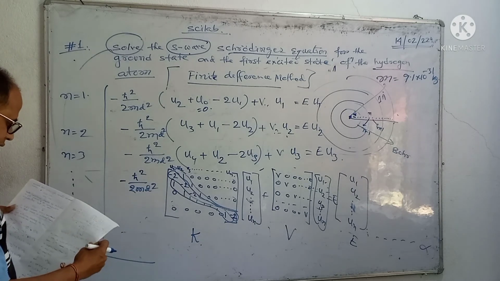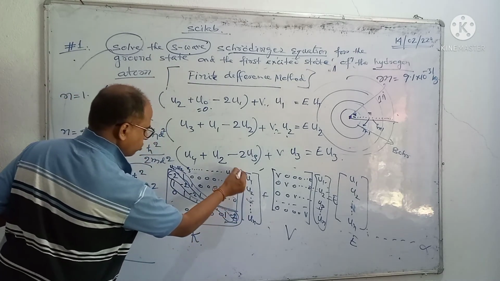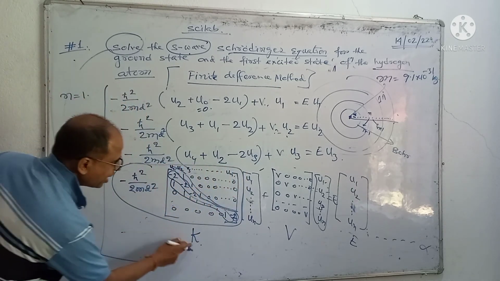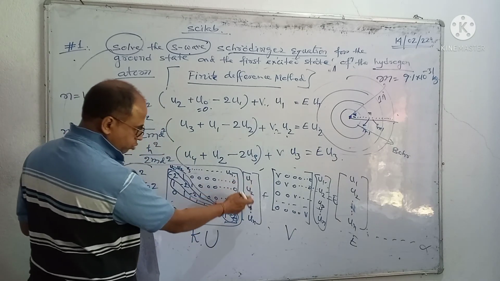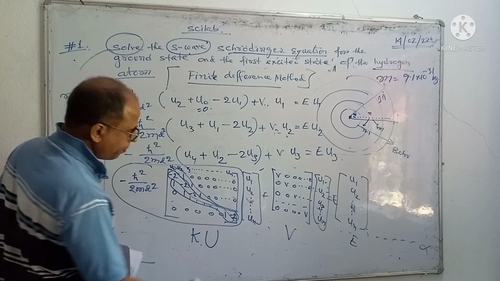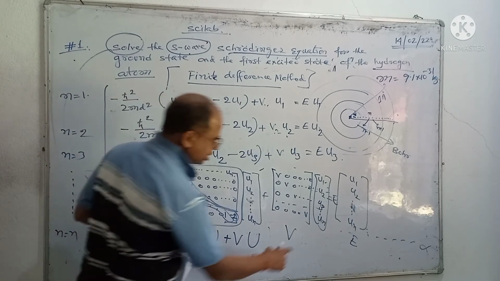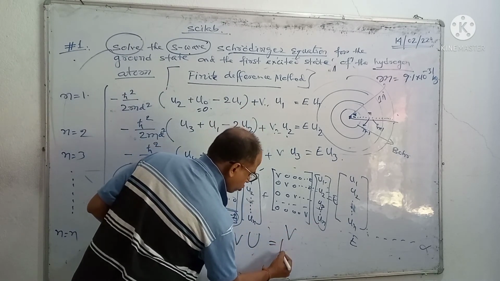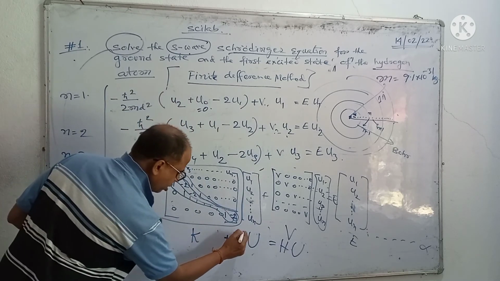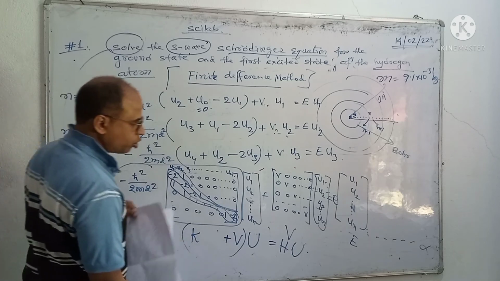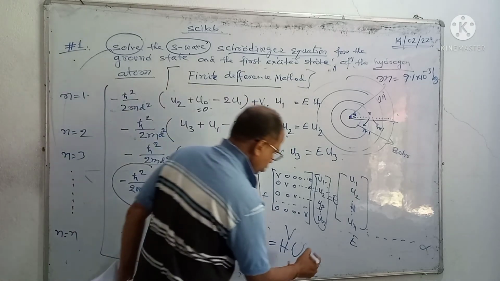Therefore, this is your K. You can write K into U, capital U. Capital U means it is a column vector, U1, U2, U3, Un, right? Plus this is the potential energy V into capital U is equal to, this is called Hamiltonian, because K plus V is called the Hamiltonian. Okay, right? This is equal to E into U.